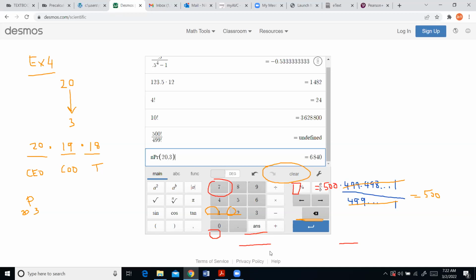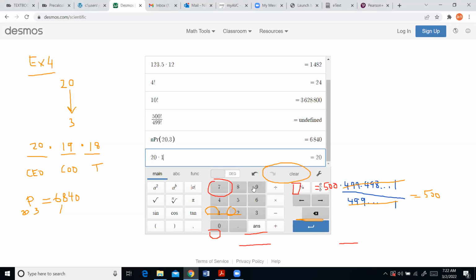I'm going to get 6,840. That's a lot of possibilities, right? And we're just selecting 3 people. What 6,000? What are you talking about? Well, multiply your 20 by 19 and by 18, and it will be 6,840.